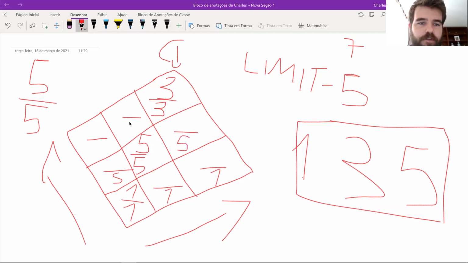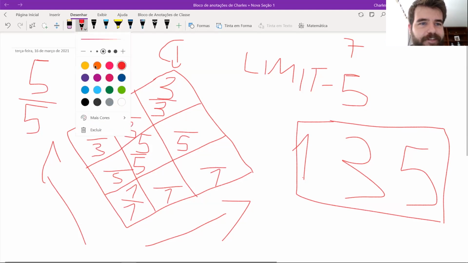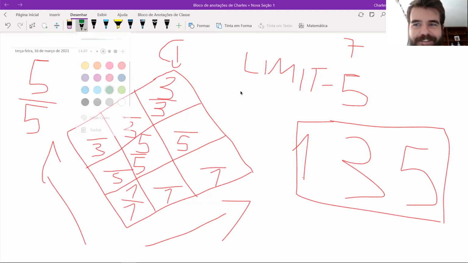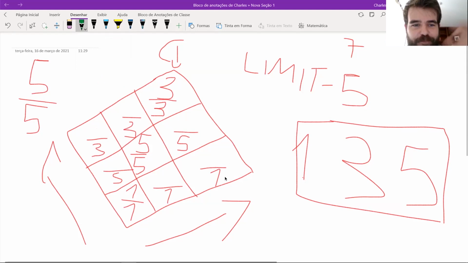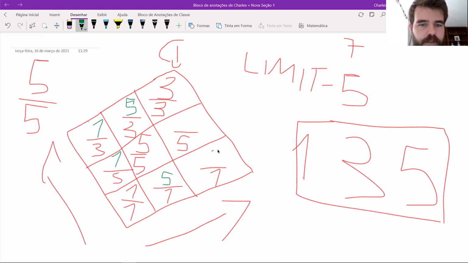Let me change the color, maybe to be more beautiful. And here we put the numerator. So here is 5, and here a 3. So here is our diamond, limit 5.